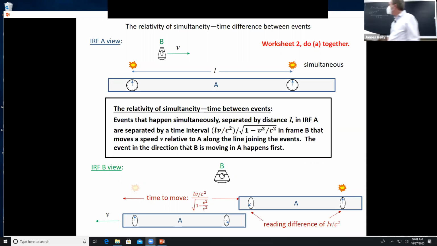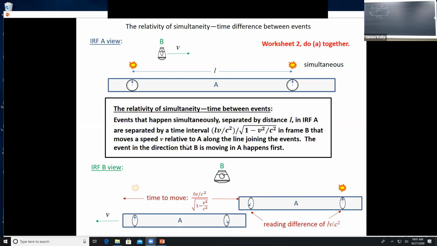Past. Let's look. The event in the direction that B is moving in A, in other words, this is sort of Earth. This is X over here in this point of view. I'm pointing at the screen now. And B is our little space pod that's heading over there. This is the event that's happening first in the other frame, right?